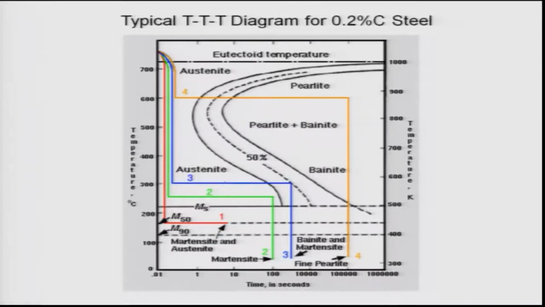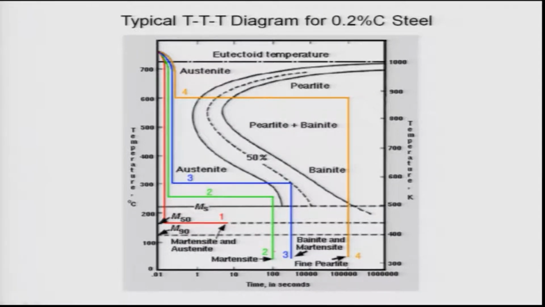So 1 will lead to 50% martensite. 2 is a very interesting cooling. You quench it to about 250 degrees Celsius and keep it there, but do not go beyond the 1% bainite transformation line, and then you quench it.